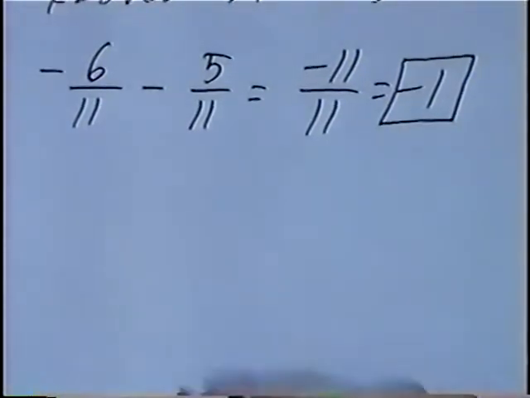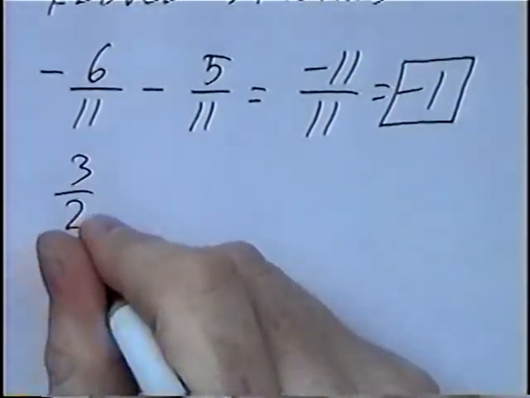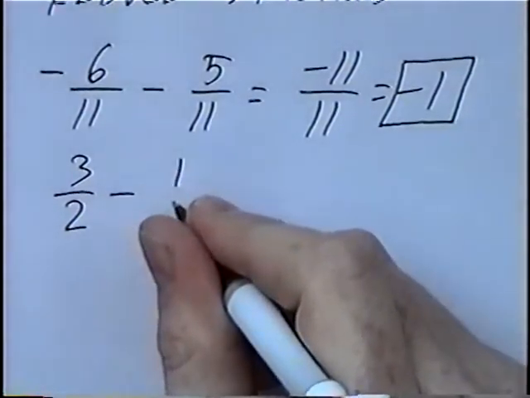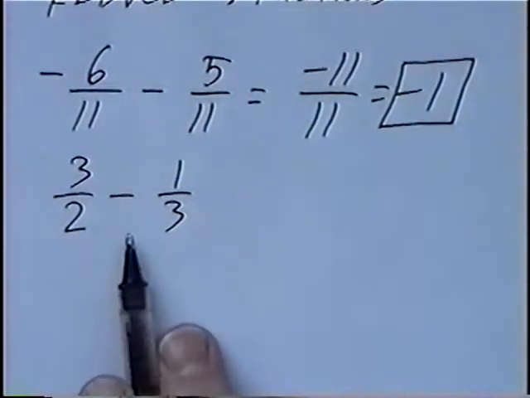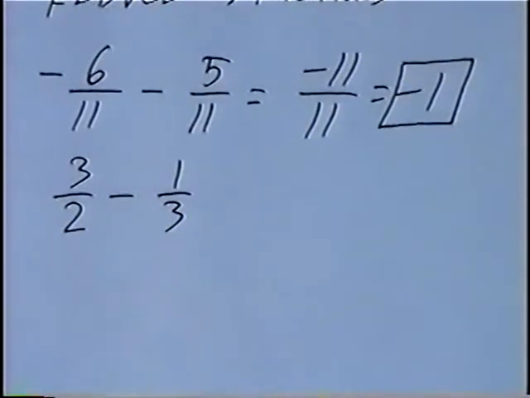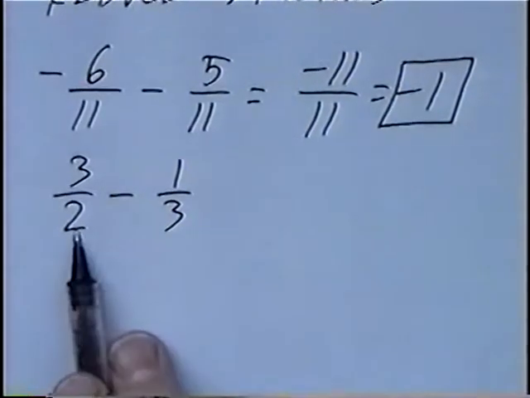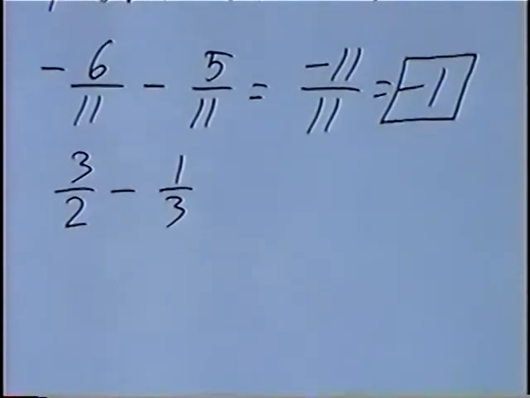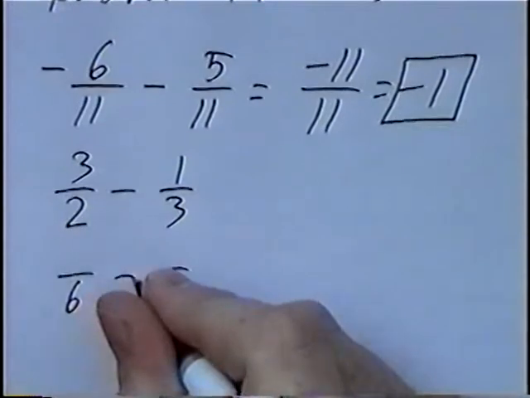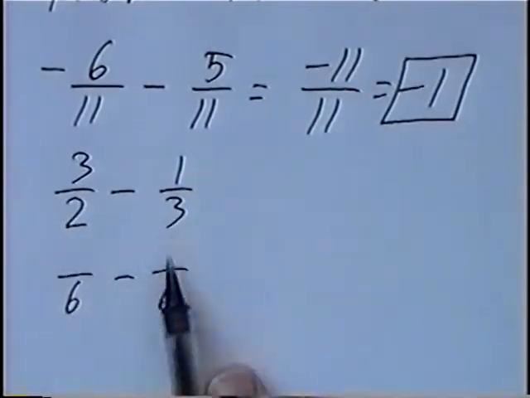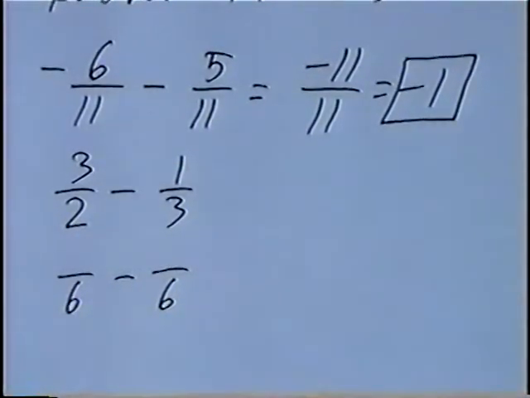Second question, 3 over 2 minus 1/3. Again, before we subtract fractions, we have to have the same or common denominators. If we have a 2 and a 3, the common denominator that we could use would be 6, since 2 divides into 6 and 3 divides into 6.